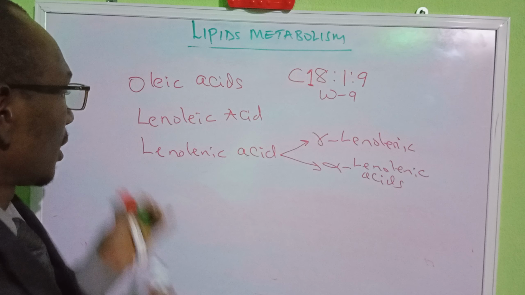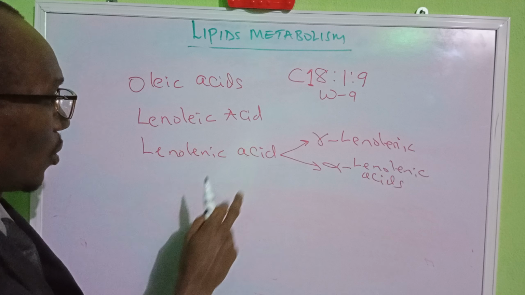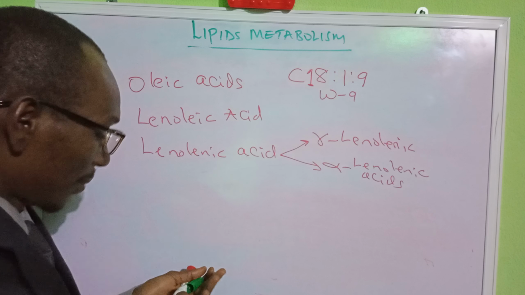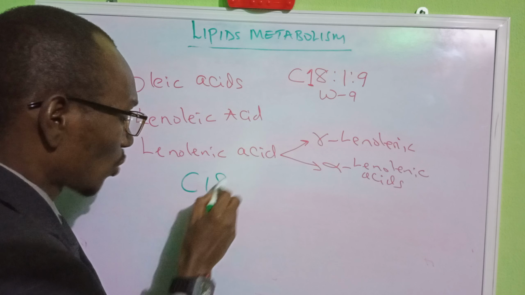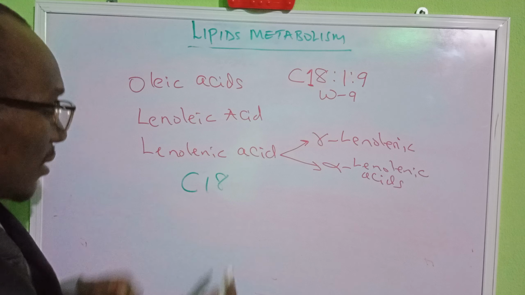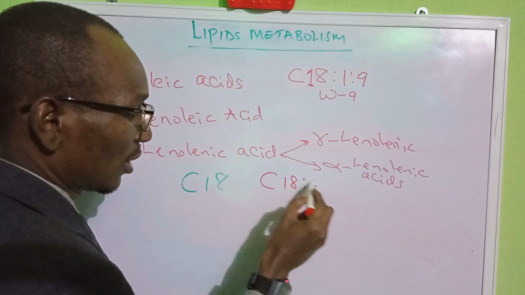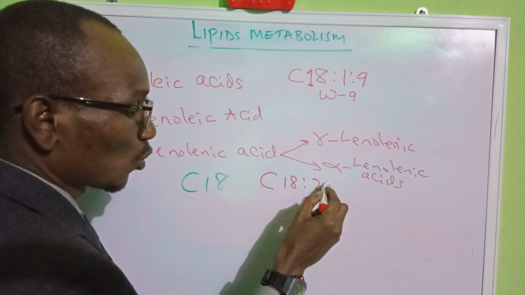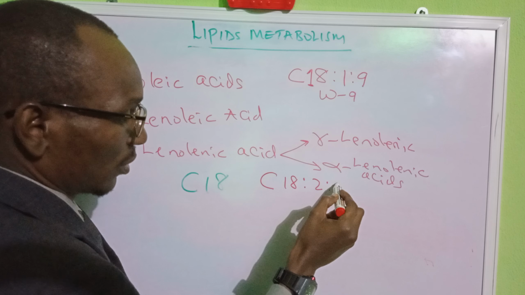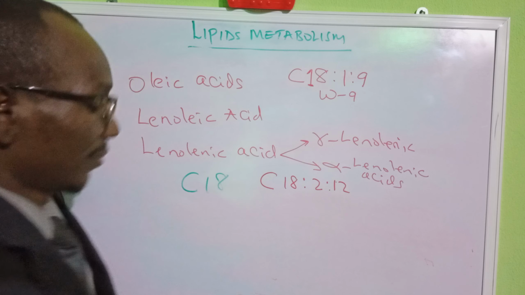For this linoleic acid, we have 18 carbon atoms in it. It is an omega-6 fatty acid. So C18, it has two double bonds, and then the positions are 6 and 12.